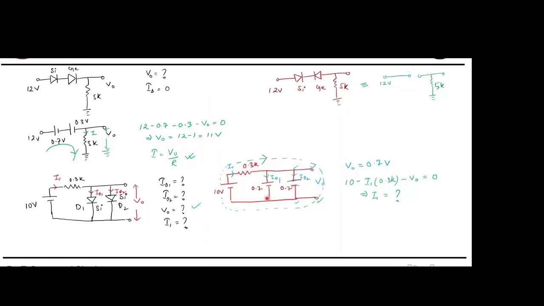So if it is equally divided, then can I say that ID1 is equal to ID2, which is equal to I1 by 2? Can I write it like this? Yes.